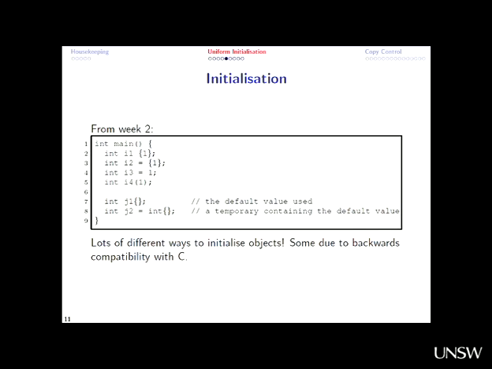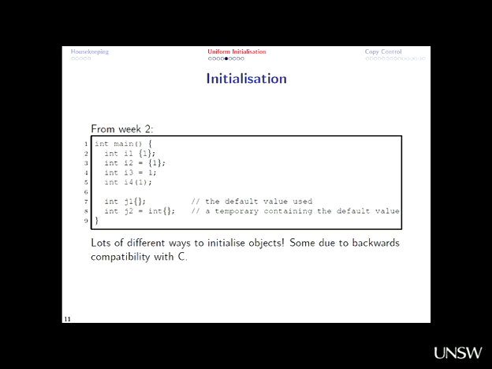Line 5, int i4, brackets 1, that's us using a constructor. And this doesn't just apply to ints, this applies to any types that you're constructing. Line 7 you might not have seen, but here's j1 with curly braces like that, where the default values are being used. And then in line 8, we've got j2 equals int curly braces.